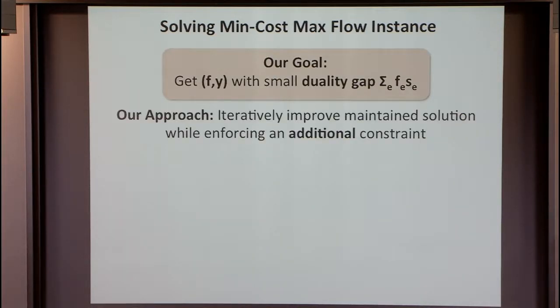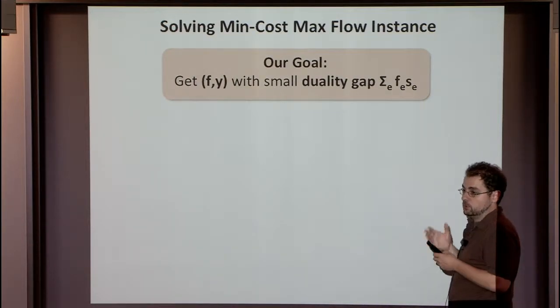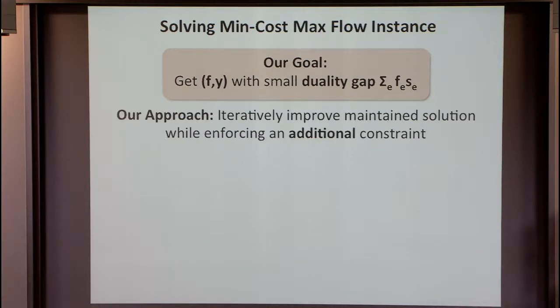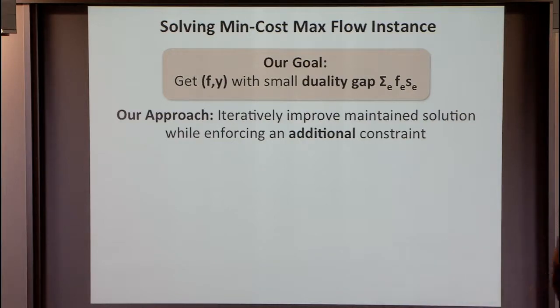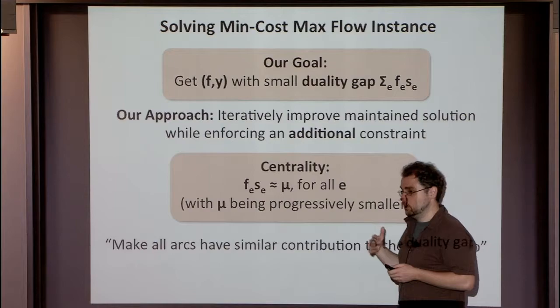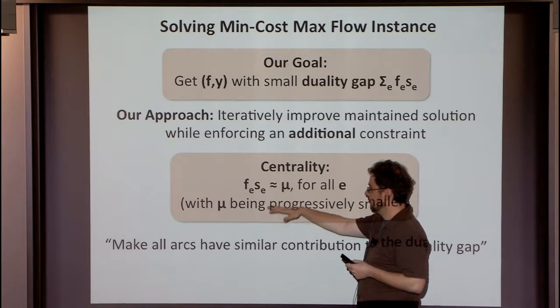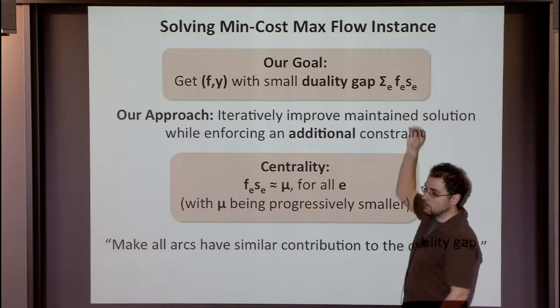So in every primal dual algorithm, our goal is to reduce the duality gap. But we will make our life a bit harder, and want to reduce the duality gap while enforcing an additional constraint. This constraint is centrality: you want to ensure that at any point of time, the contribution of each edge to the duality gap is roughly the same.